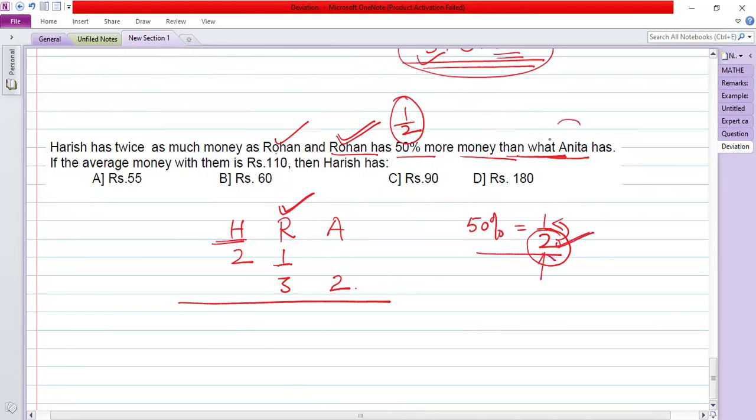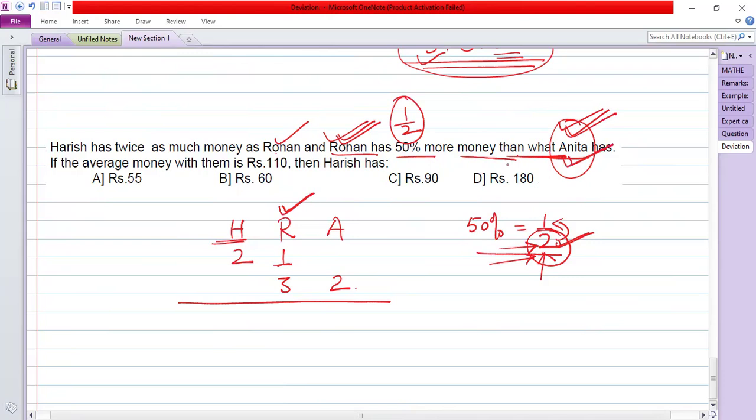Here it is a comparison with Anita. Rohan is being compared with Anita. So this denominator corresponds to Anita. Actually, the denominator always corresponds to the person or thing with which the comparison is being done.